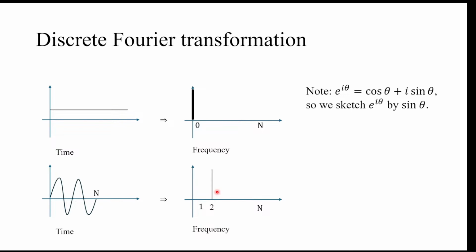So that's kind of the idea of a discrete Fourier transform. It will tell you what's the frequency of your signal, and you can also do it the other way around. You can do a very similar transform to take some signal in the frequency domain.